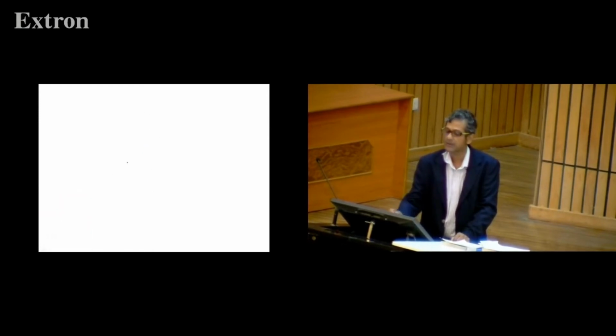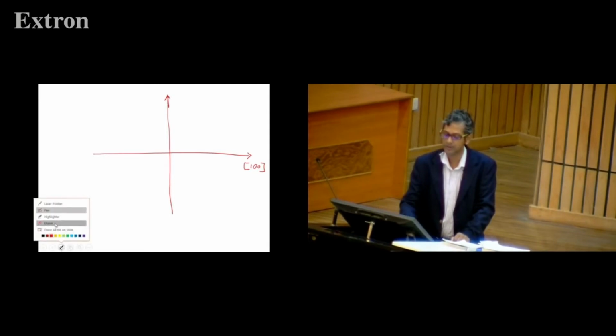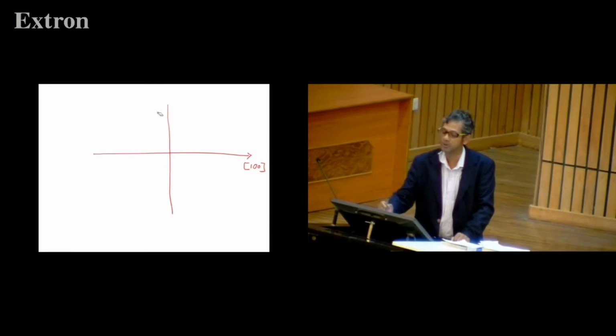So you can draw x and y axes, like this, and suppose the x axis corresponds to the 1, 0, 0 direction in a cubic crystal, and the y axis corresponds to the 0, 1, 0 direction of the cubic crystal.